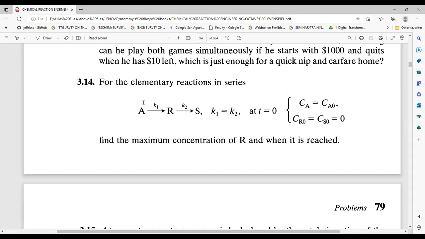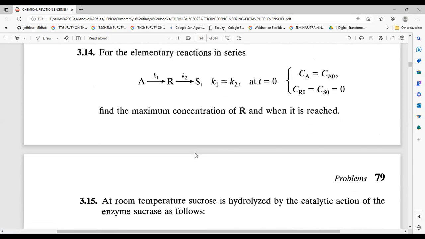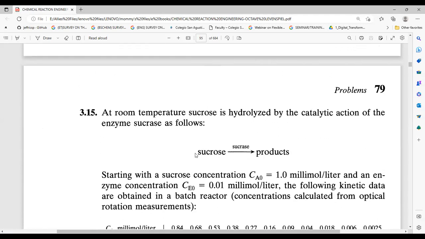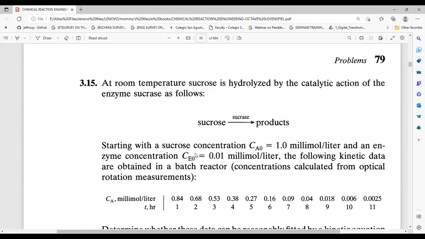Okay, that's for reversible. No, sorry. We have reversible, we have series. This one, the 3.15, is actually a homogeneous catalyzed reaction. This is differential analysis.